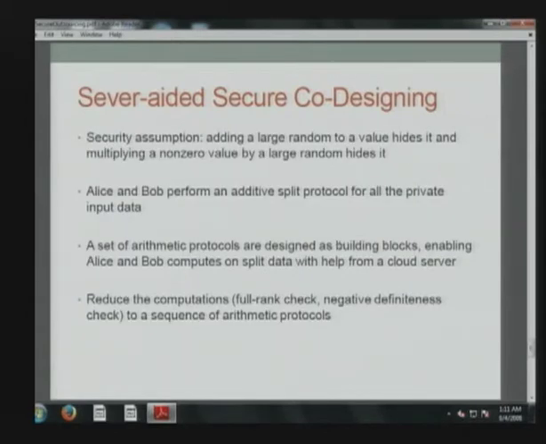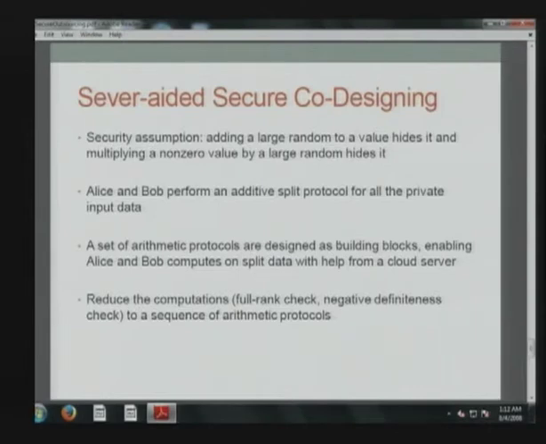Here is our security assumption about this co-designing system. We assume that adding a large random value to a value hides the value, and multiplying a non-zero value by a large random hides the value.